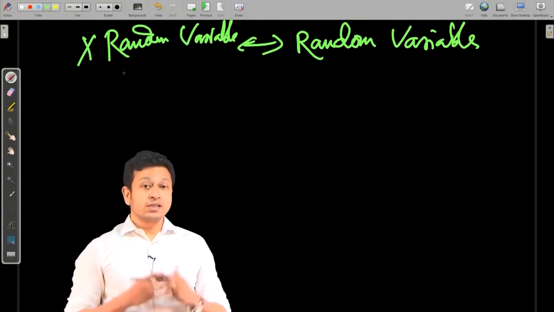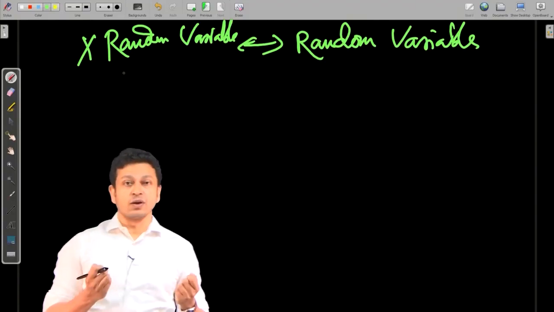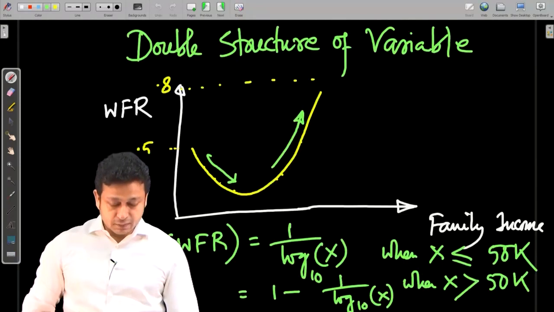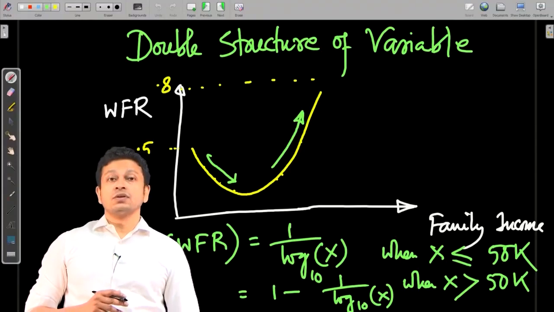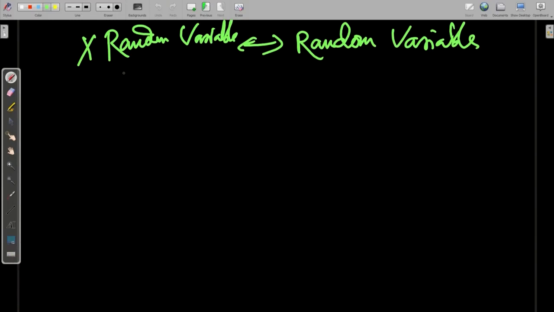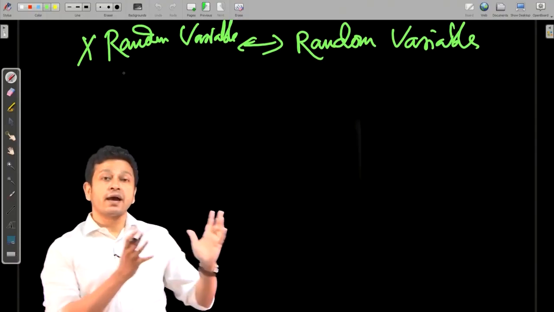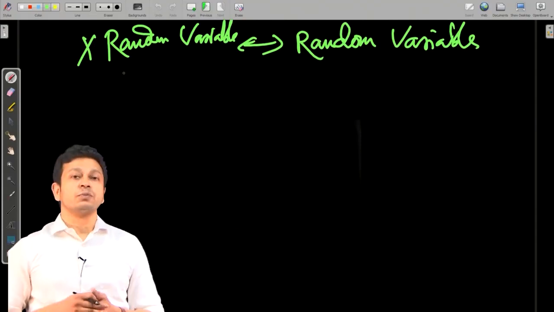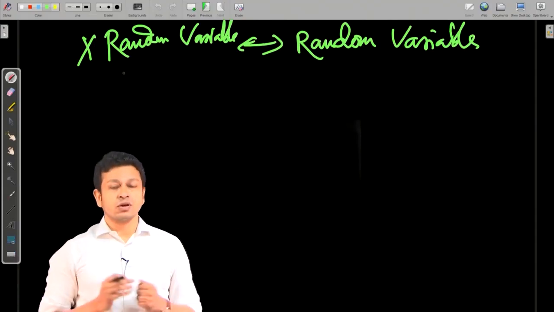Now, it can so happen that you have a formula already, the one you have just derived, and you take this formula to predict observations about an unknown sample or unknown population, from which you have not drawn any sample. In this case also it is a double structure of variable, because I have a known thing first, and then from there you are going to predict something unknown. So that is also called a double structure of variable.